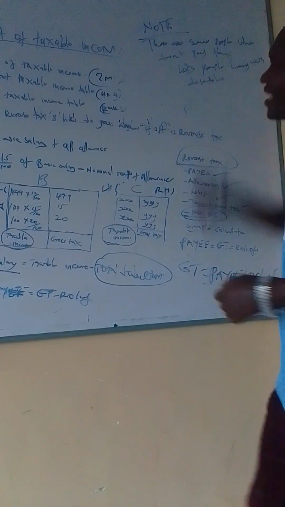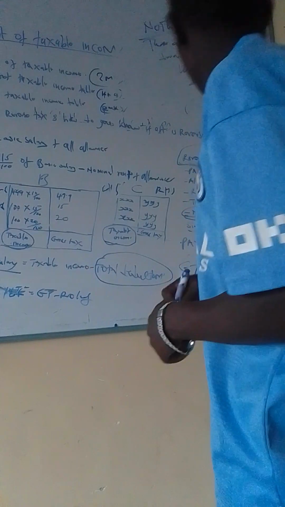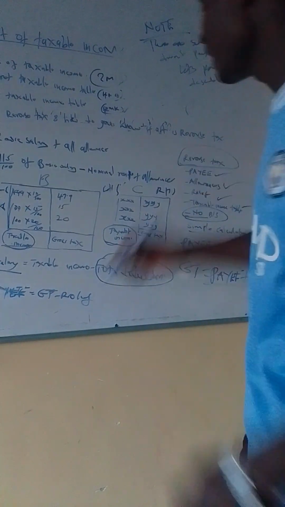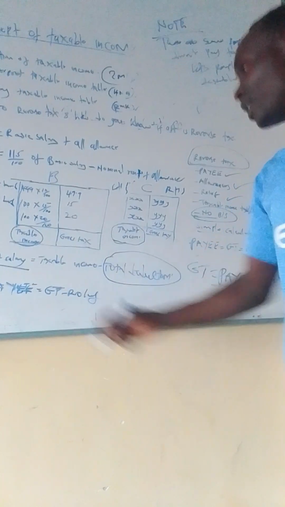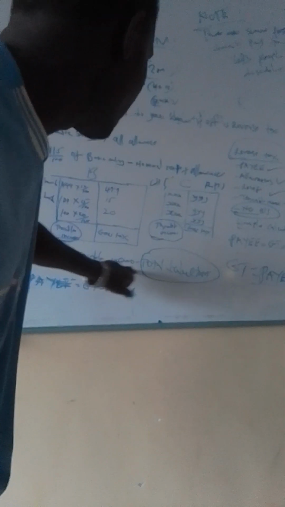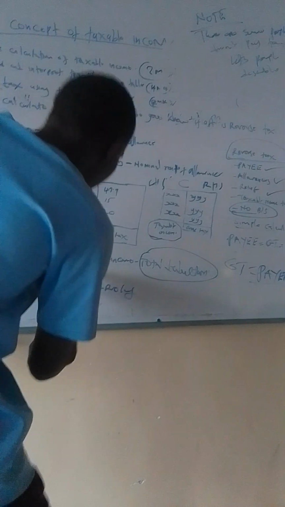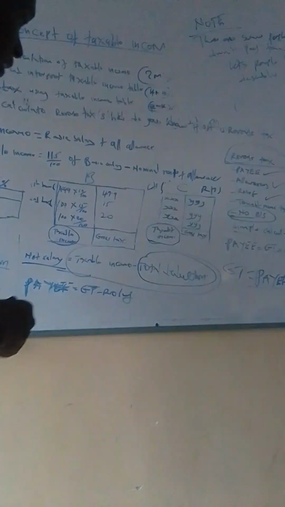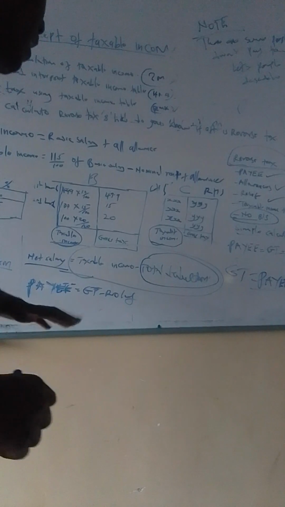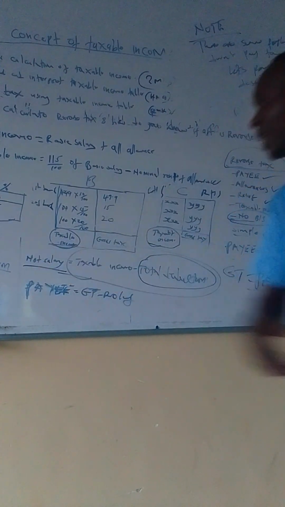People living with disability, they don't pay tax. So when calculating the net salary, we say that net salary is equal to taxable income minus total deduction. So when calculating the net salary for this one, you add the deduction, so you will obtain their net salary.